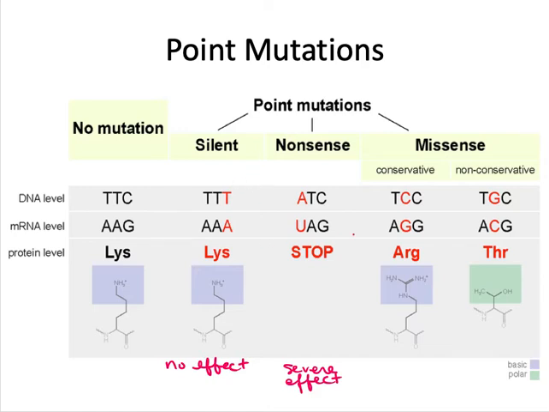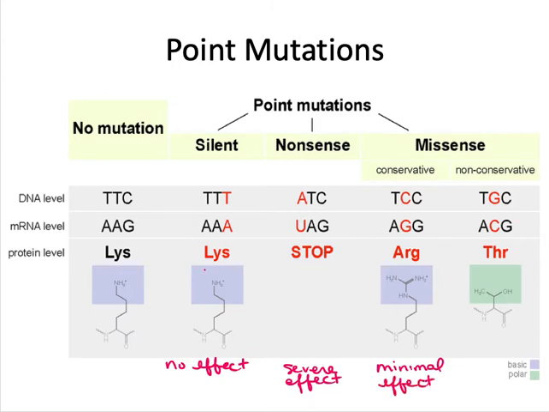So in a missense mutation, if you get a change from lysine to arginine, you'll notice that both of these are cationic. So this would have a pretty minimal effect if the chemical structure has similar properties.